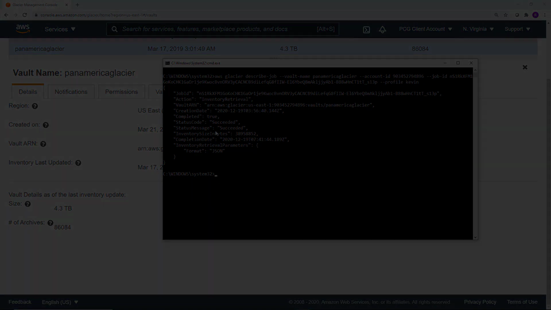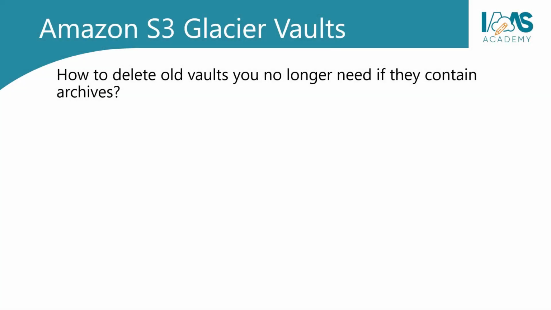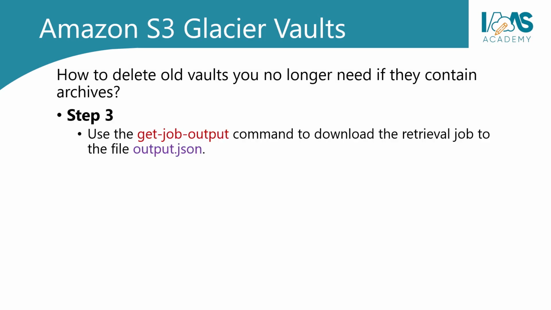So we're going to move on to step 3 now that we have completed our inventory retrieval task. Step 3 allows us to get an output of that inventory and list out all of the archives into a file called output.json. This is the file we can use to reference all of our archives and subsequently delete those archives.